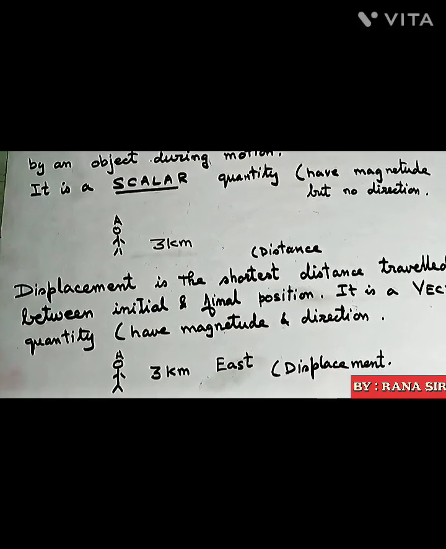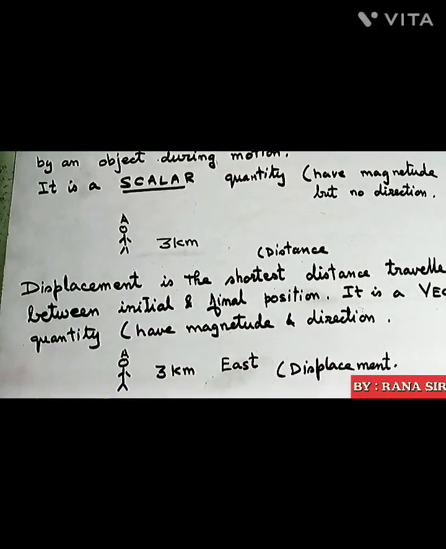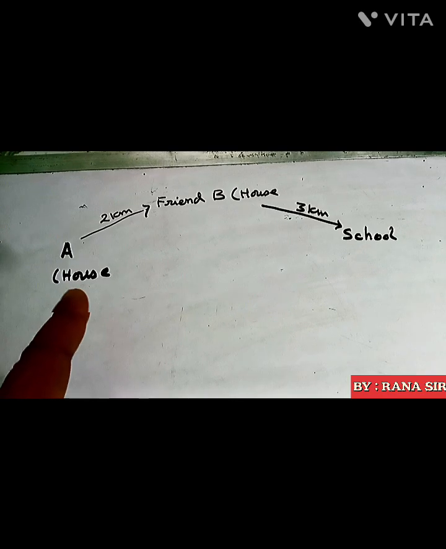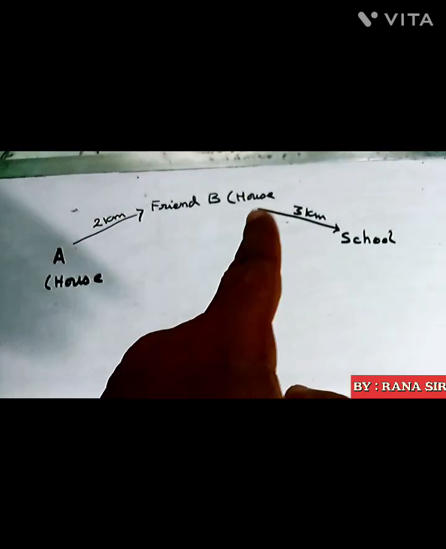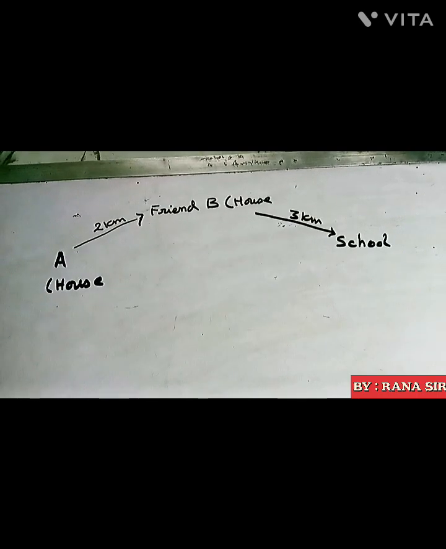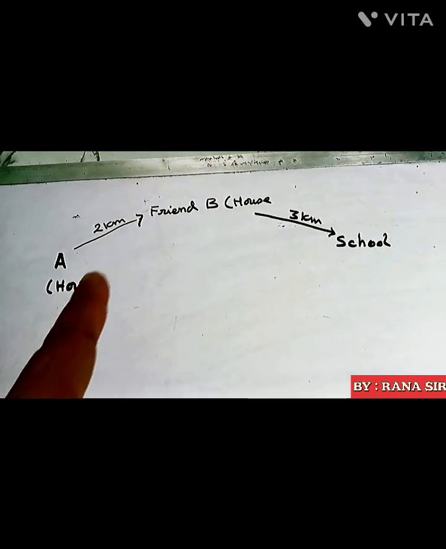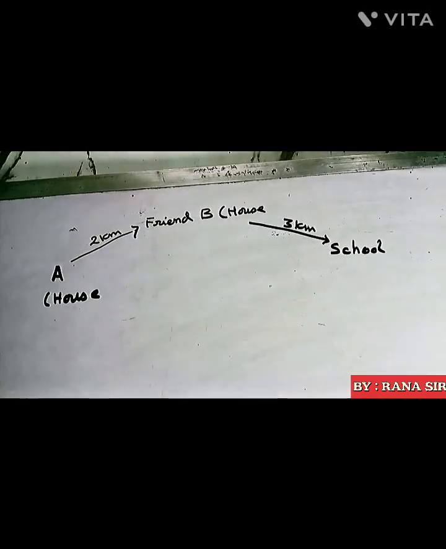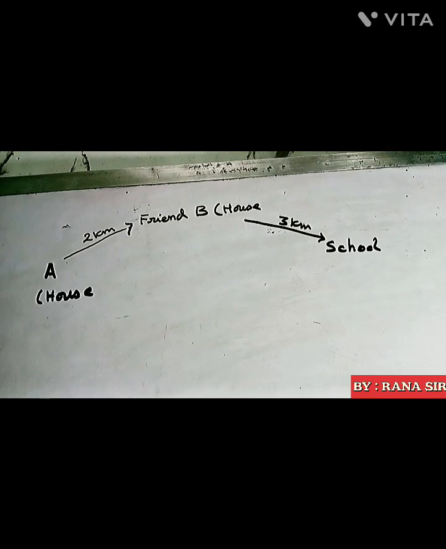Also, let me discuss the shortest distance. What does shortest distance mean? If a person A goes from his house to his friend B's house, he travels a distance of 2 kilometers. And from B's house, he again goes to school, traveling a distance of 3 kilometers.